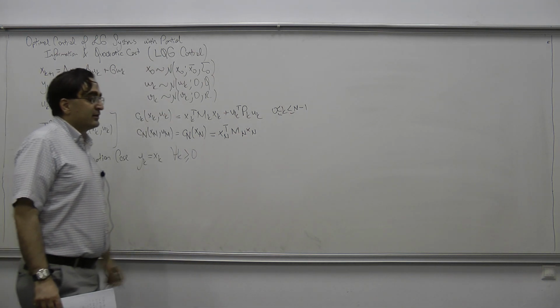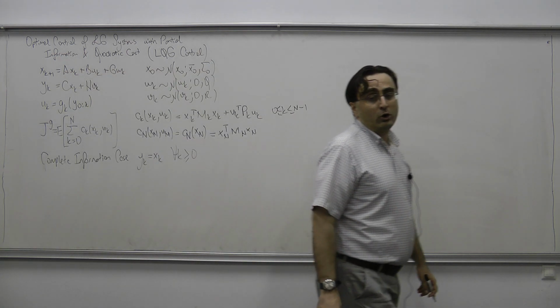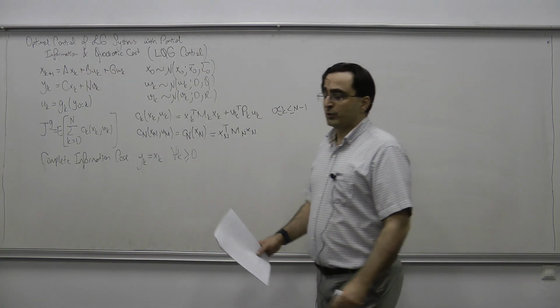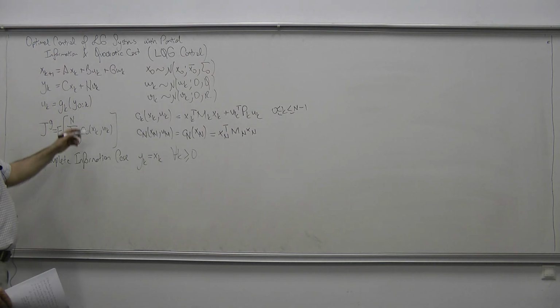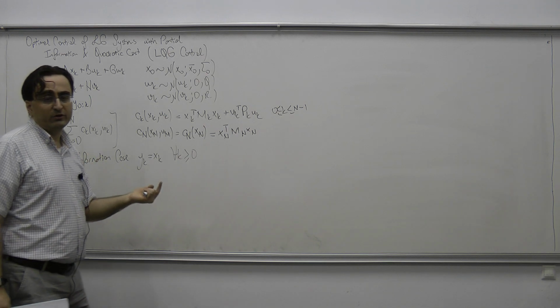And remember, in that case, we first learned how to calculate the cost of a feedback policy. In order to calculate the cost of a feedback policy, we defined a recursion.